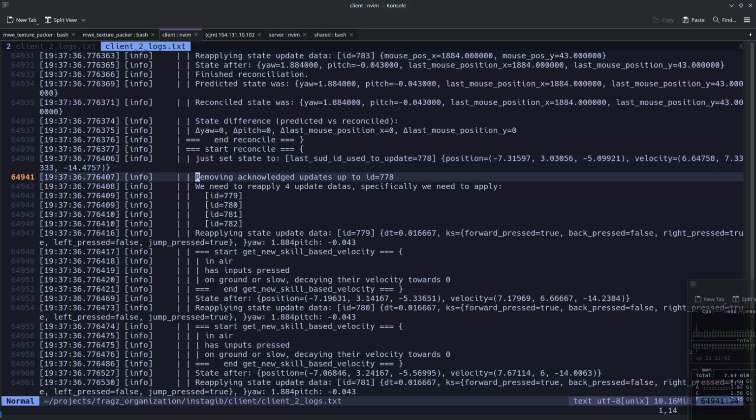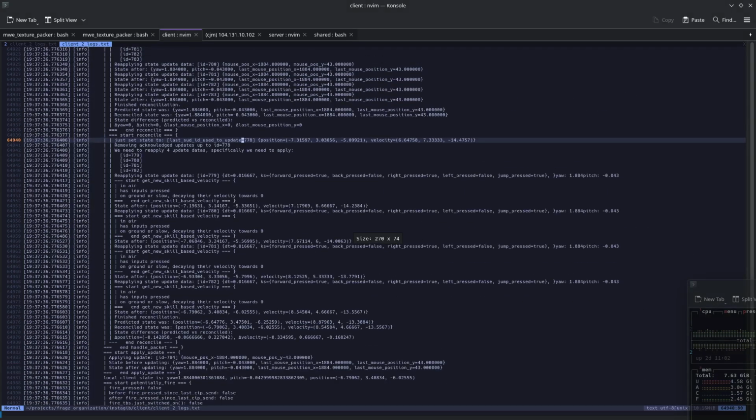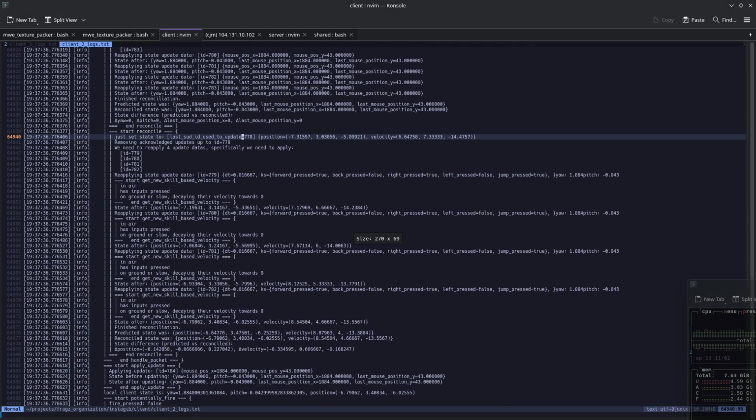The last state update data ID used to update this was 788, right? What does this mean? This was the last SUD. I'm going to call a state update data a SUD. That was the last SUD used on the server to produce this state.